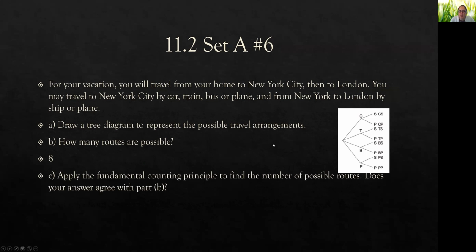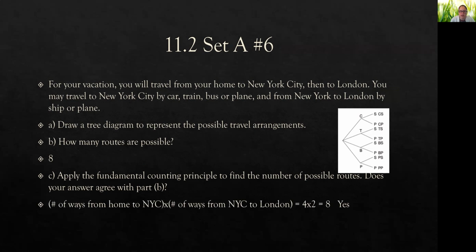Okay, next it says, apply the fundamental counting principle to find the number of routes. Does your answer agree with part B? So remember the fundamental counting principle, that was what we started with, where we said the number of outfits was the number of pants times the number of shoes times the number of shirts.